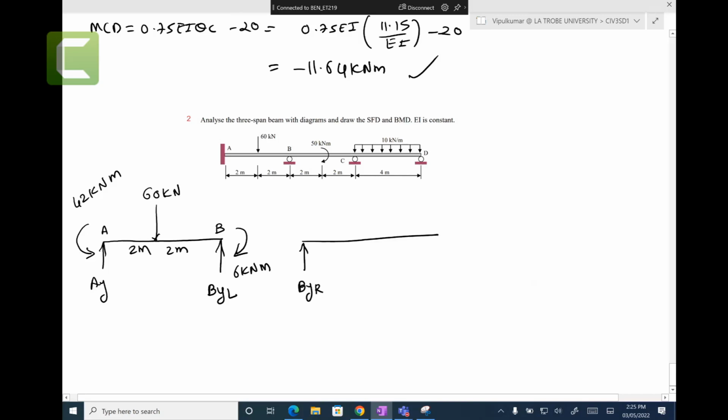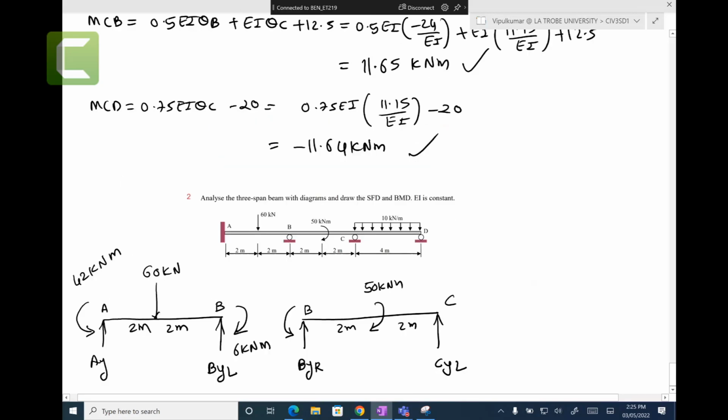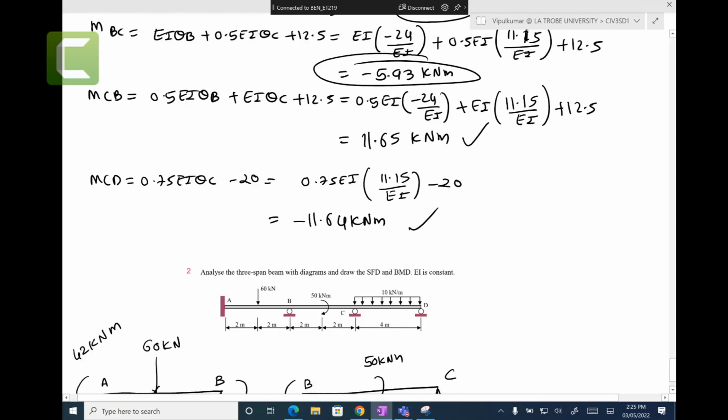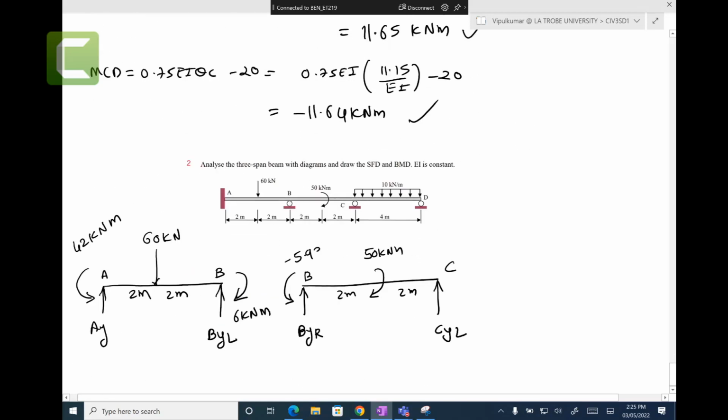BY right side, CY left side, moment 50 kilonewton meters, 2 meters, 2 meters. At MBC, minus 5.93, we don't put the minus.